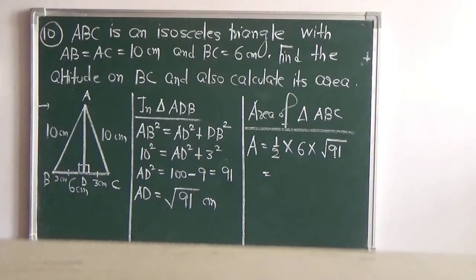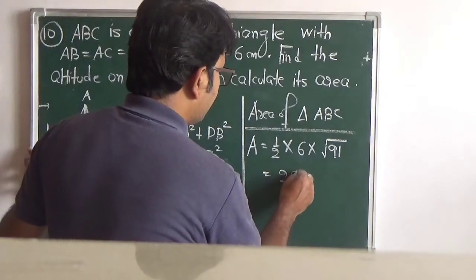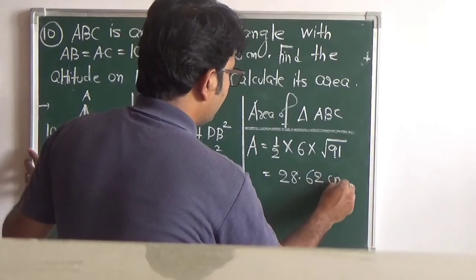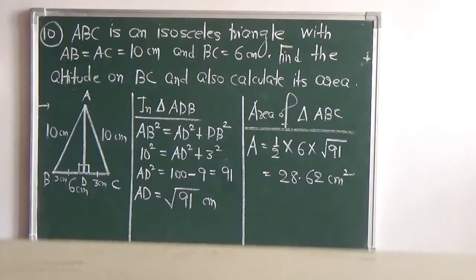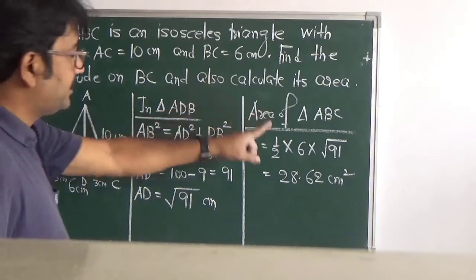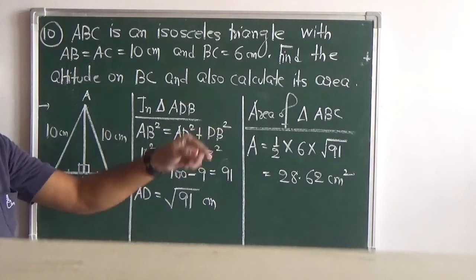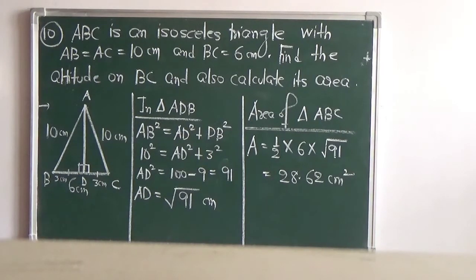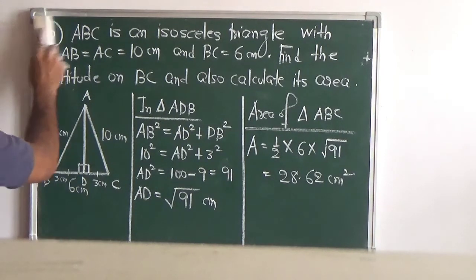The area of the triangle comes to 28.62 centimeter square. But this answer is achieved after putting the value of root 91. So now moving on to the next question, number 11.